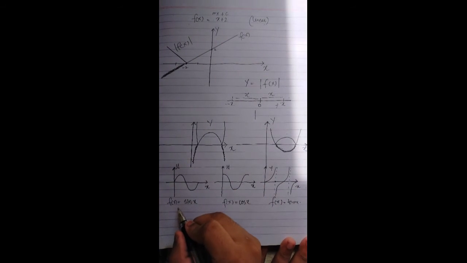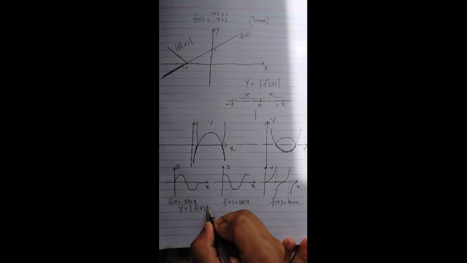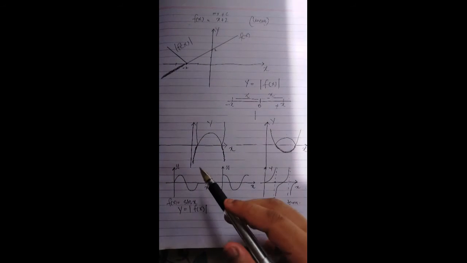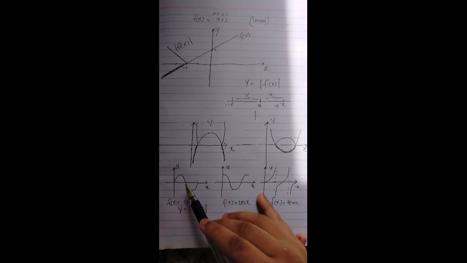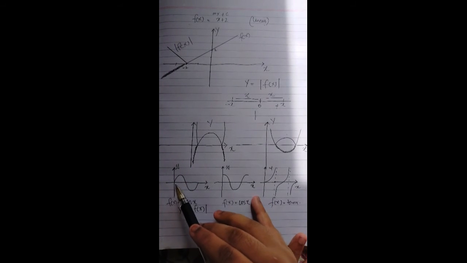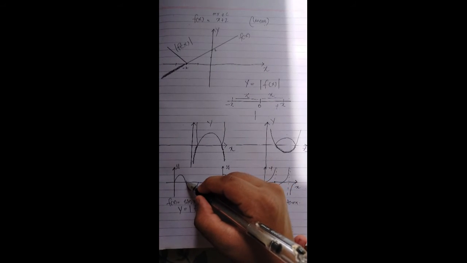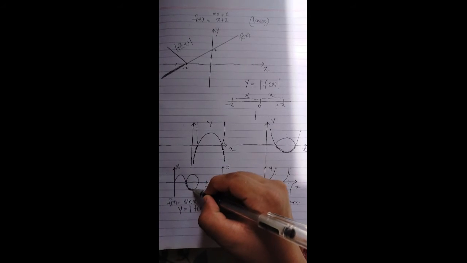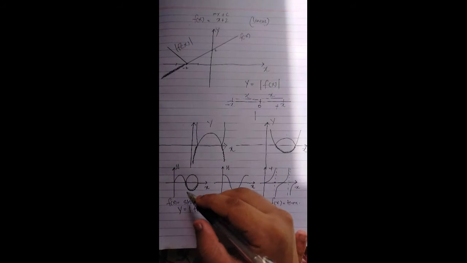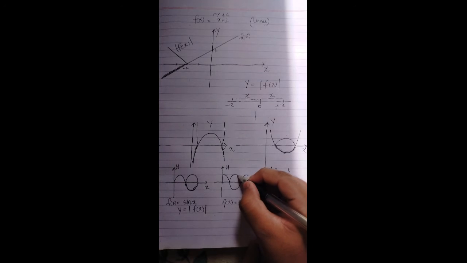So now I am going to apply modulus to all of these. The same basic thing happens. The negative part of the curve that corresponds to the negative y values is reflected about the x-axis. This is the graph of the modulus function of sine of x.